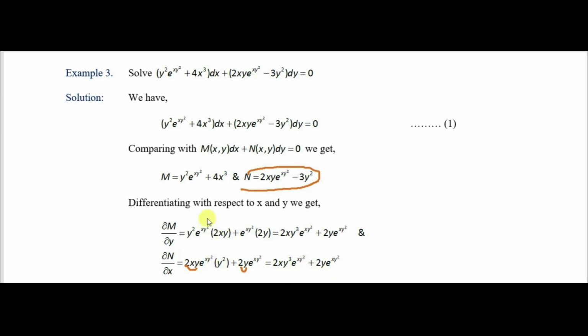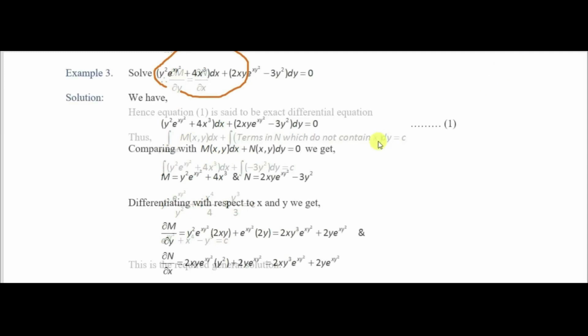So from this condition, if you observe, these two terms have the same value, so therefore we can say that del M by del y is equal to del N by del x. So the given differential equation is an exact differential equation, and the solution is given by this result, that is the integral of M dx plus the integral of the terms of N which do not contain x, dy.